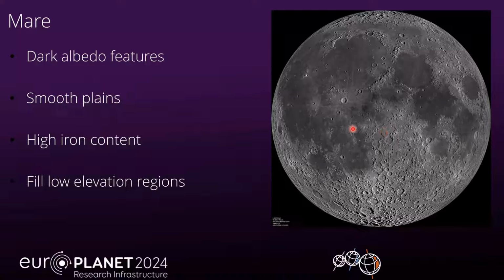And so what this tells us immediately, without any special analysis, is that the mare basalts are younger than the highlands and younger than the big basins, or at least concurrent with some of the big basins.